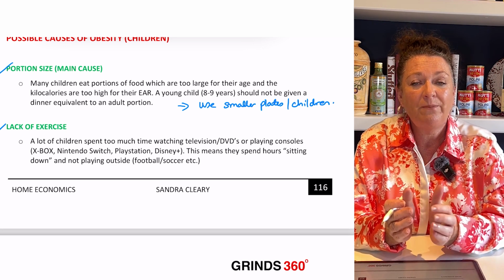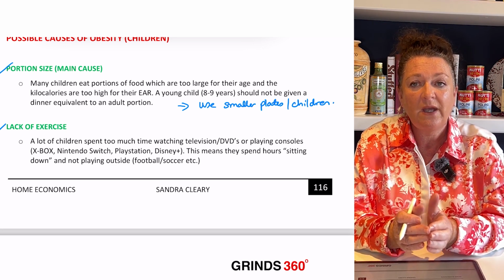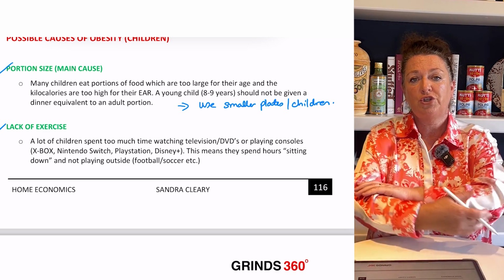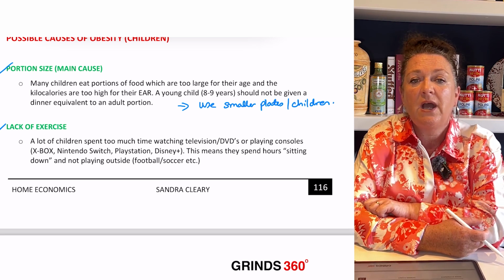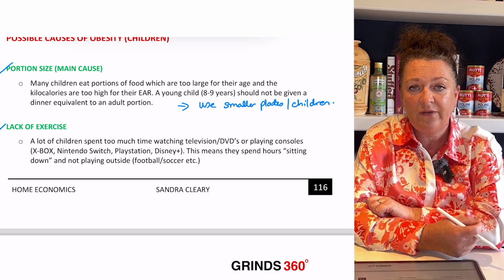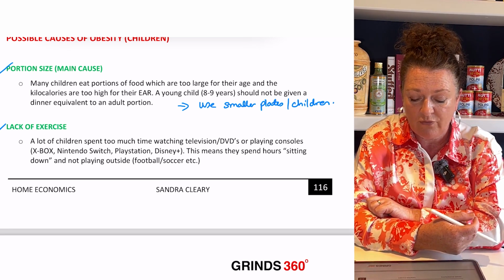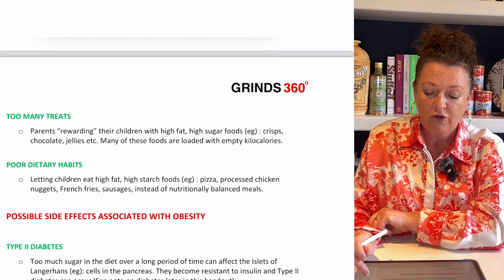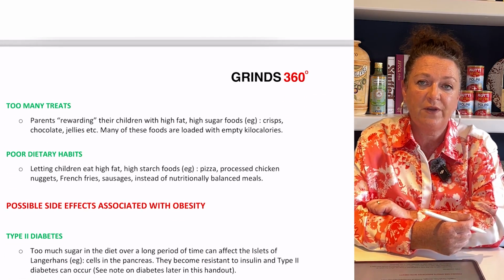And again, parents are often very busy. It does take a very conscious effort to encourage children to get out on their bicycles, out and play football in the garden in the evening, after school and so on, rather than watching that. But there are so many children not getting adequate exercise.